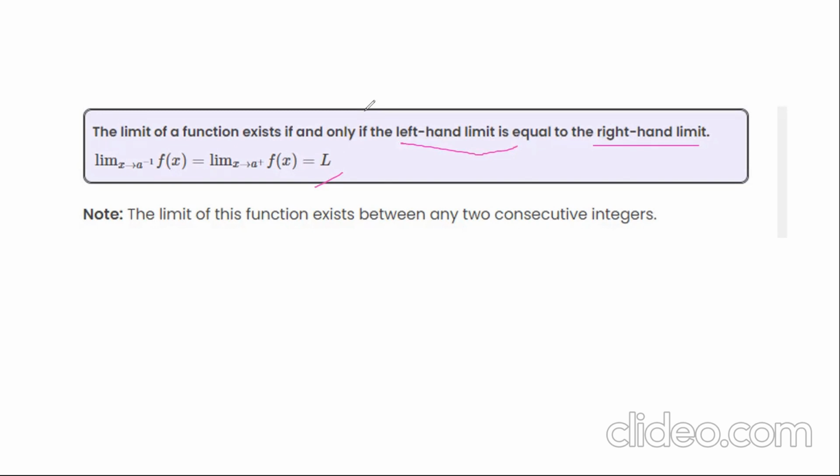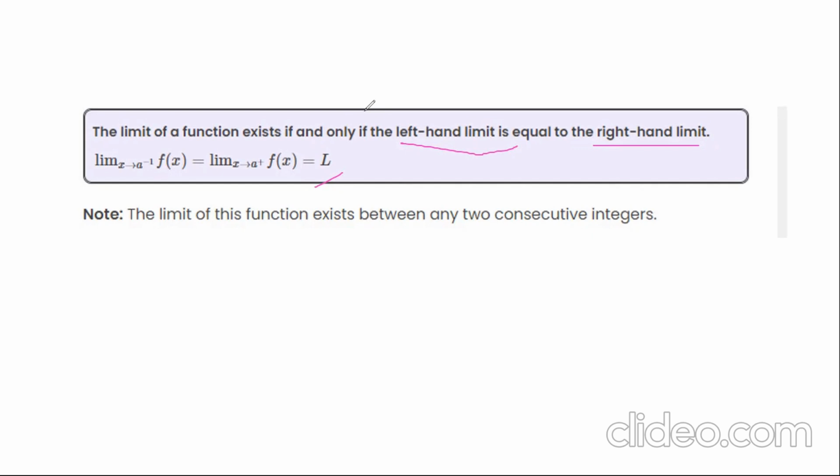That means if you have two functions, f of x and g of x, then you can add, subtract, divide, right? We have different algebraic operations.